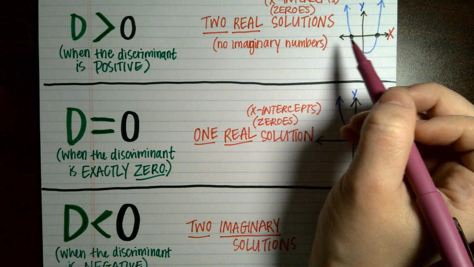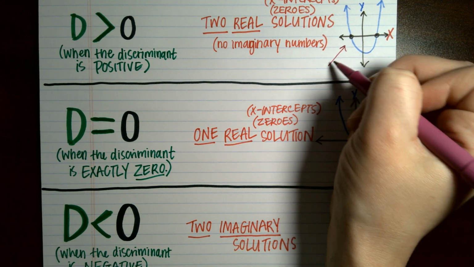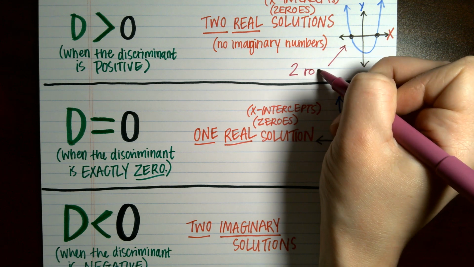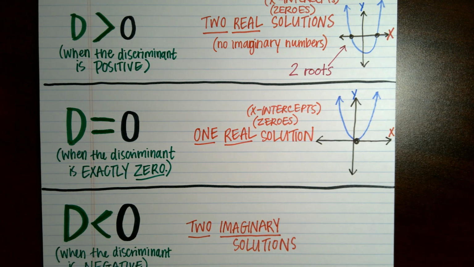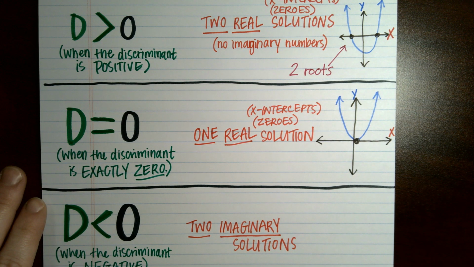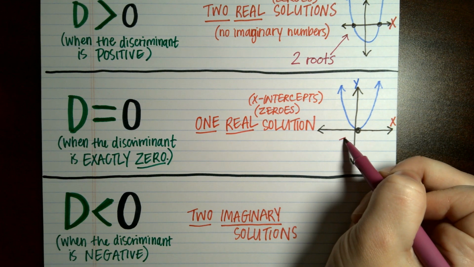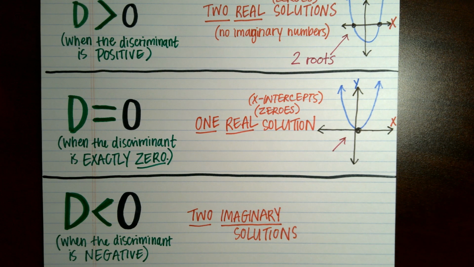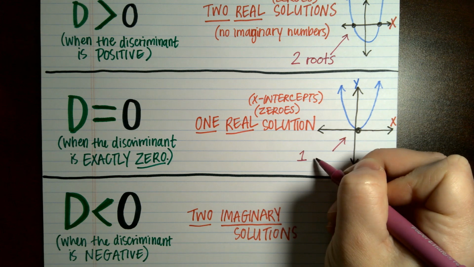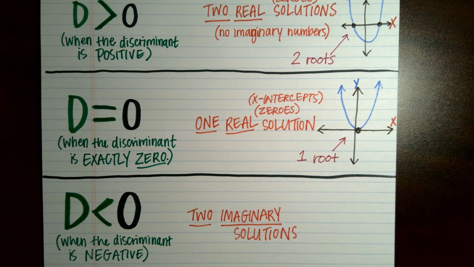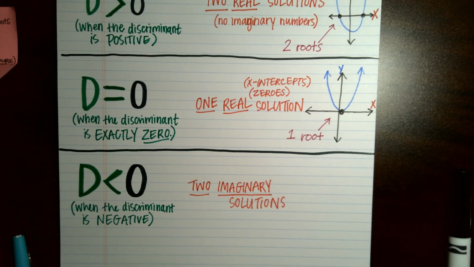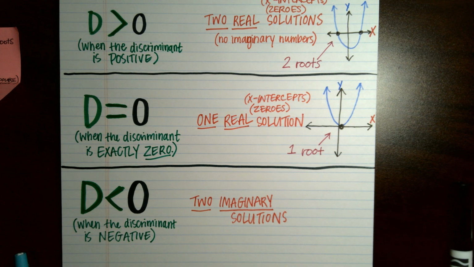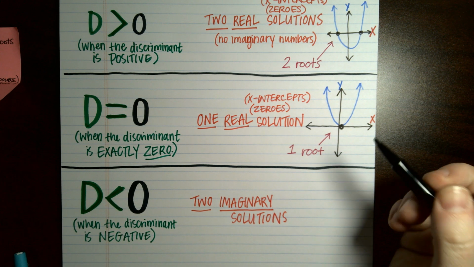So we could say here that we have 2 roots in the first one when our discriminant is positive. When our discriminant equals 0, we have 1 root. And then we're going to draw the picture for the last one and show why there will be no real roots. So let's start with a rough sketch of a graph.